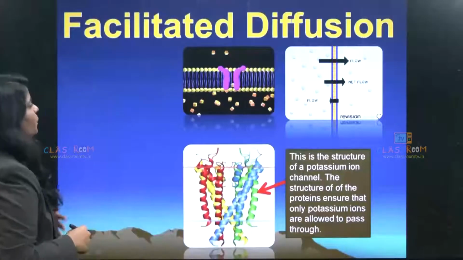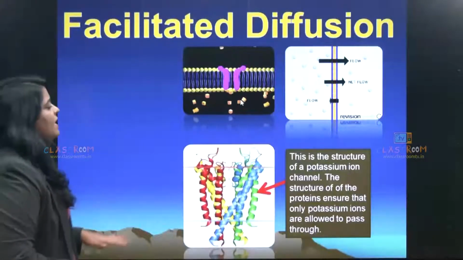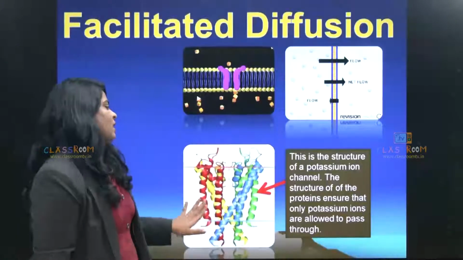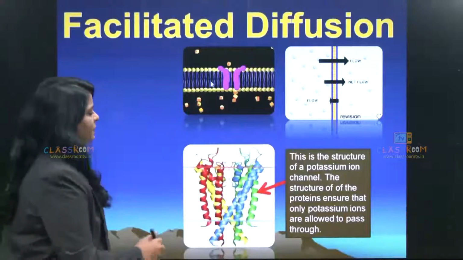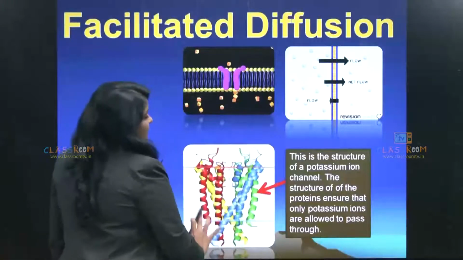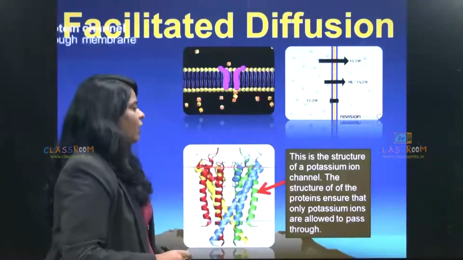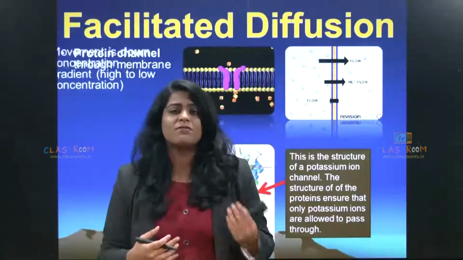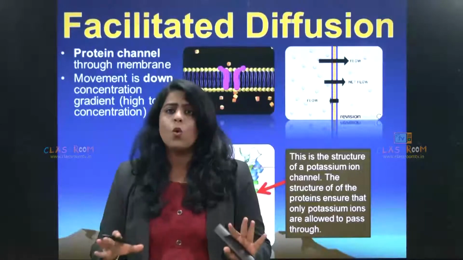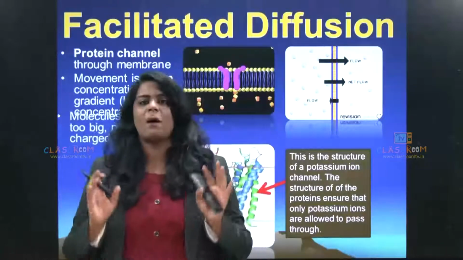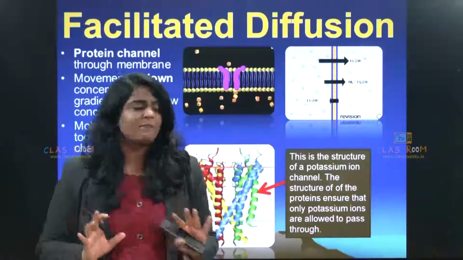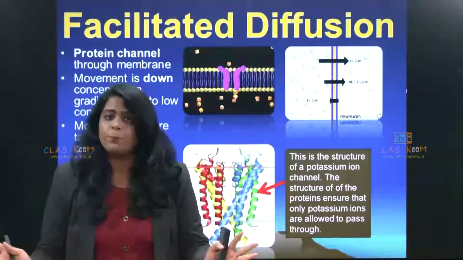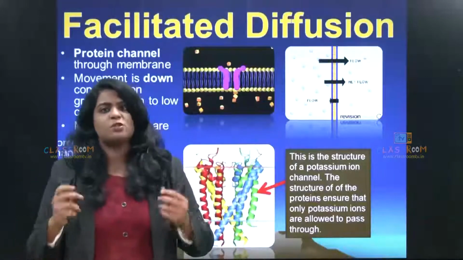Now coming to facilitated diffusion. Here this structure is of a potassium ion channel. Okay, what happens is, this is not a very clear picture, but facilitated diffusion, by the name itself, what is meant by facilitated? It means it only allows certain kinds of particles to move in. Like this potassium ion channel will only allow potassium ions to move in.